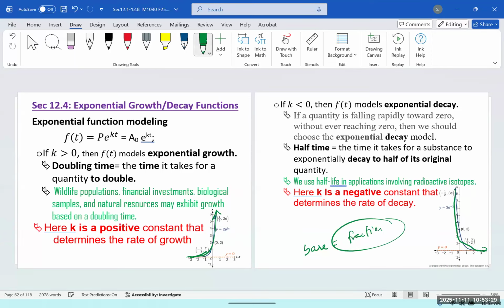That's why you're going down. And in the growth function, the base of the exponent is more than 1. More than 1, that's why you're increasing or going up. But they both have the format of the exponential form, a times b to the x. And instead of x, they use time and a constant.